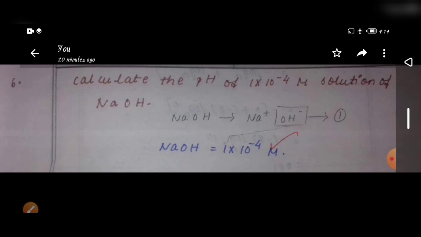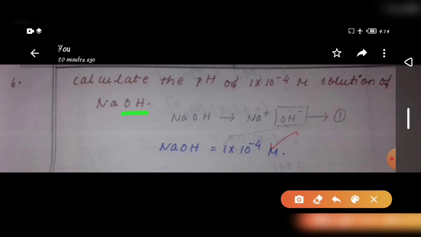Calculate the pH of 1 into 10 power minus 4 M solution of NaOH. They have given the OH minus ion concentration. See here, it will be split as Na plus and OH minus ion. So the value of hydroxyl ion only is given here. So first of all you have to calculate the pOH.